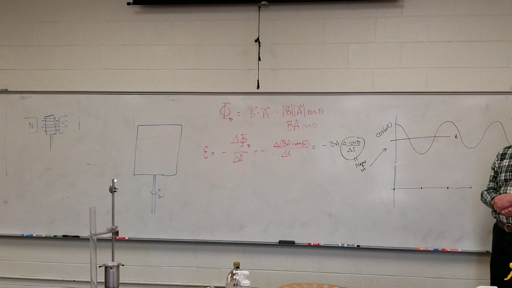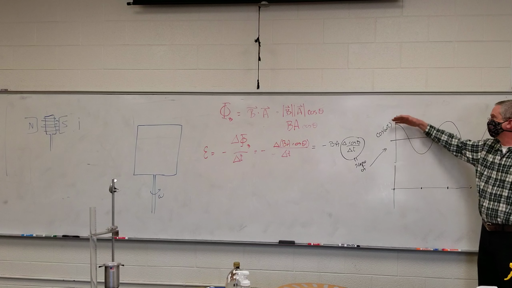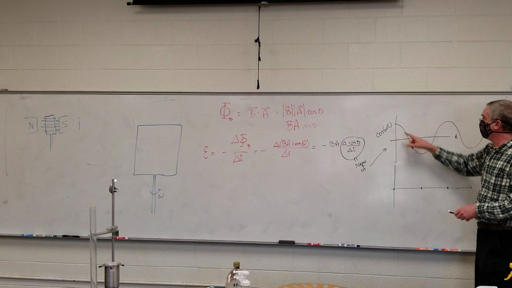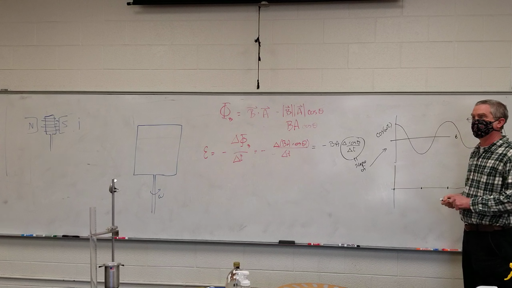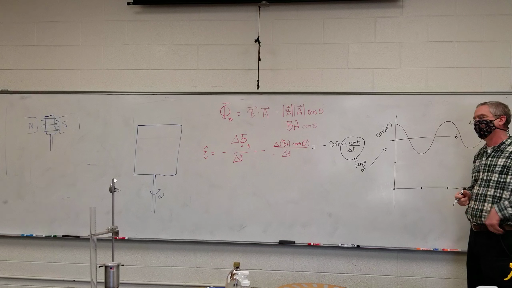Anyone else want to join in? When you say decreasing, right here my slope is 0. If you're decreasing from 0, what does that mean?